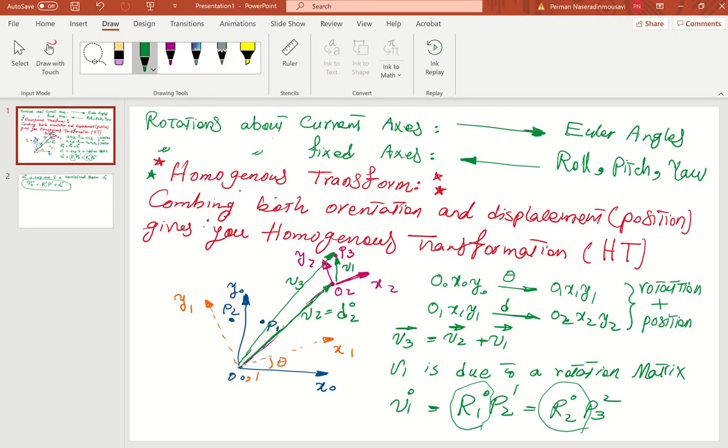So P3 is this translation, but also rotation of point 2 or point 3 with respect to coordinate system 0. Understand? It is very clear.